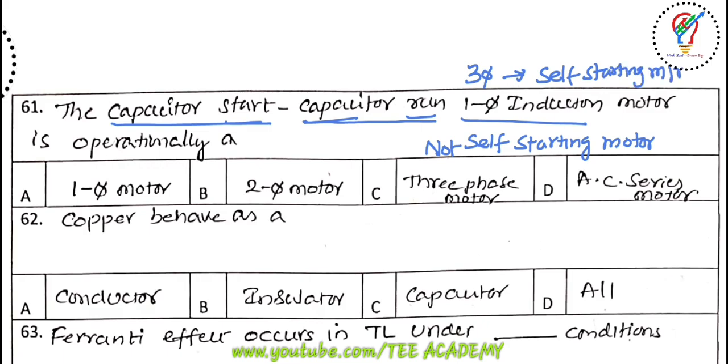So three phase means self starting, single phase means non self starting. When you use a capacitor start and a capacitor run, one capacitor for starting and another for running, it will act as a two phase motor.